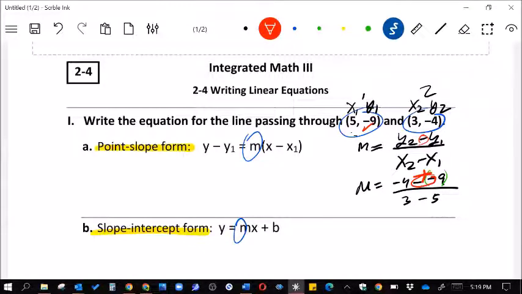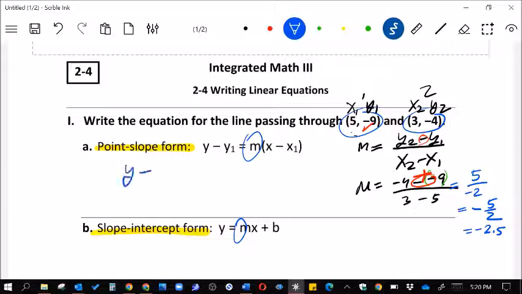So we have -4 plus 9, or 9 take away 4 rather, which gives us a 5 on top, and 3 take away 5 is a -2, which means we have a -5/2. Now that can also be written as -2.5, and that's really entirely your choice. So I think I'll do it with the decimal here in this one. Or maybe not, let's start off without it.